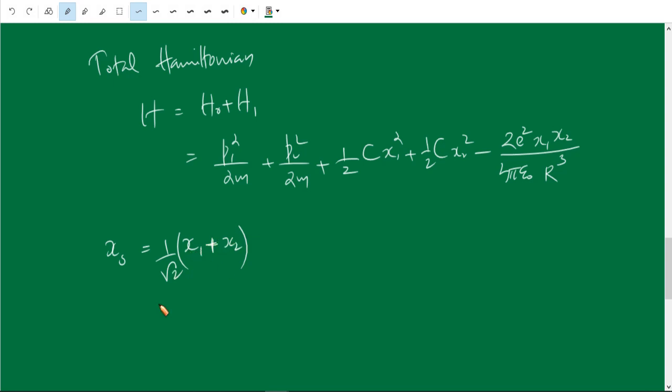Similarly, the antisymmetric motion is xa equal to 1 by root 2 times (x1 minus x2), the difference in the displacements.